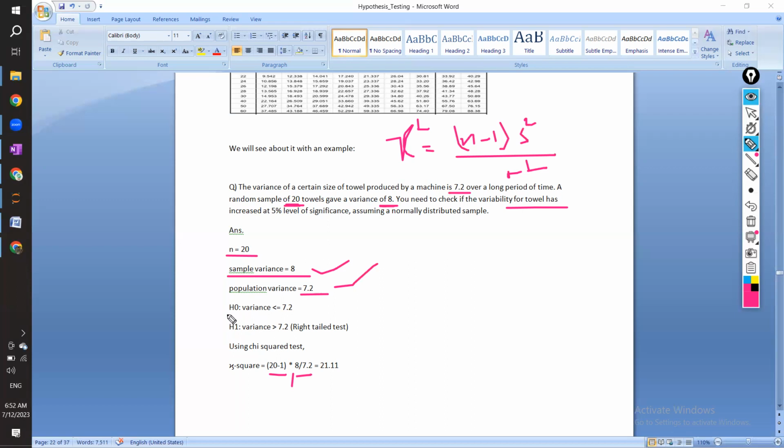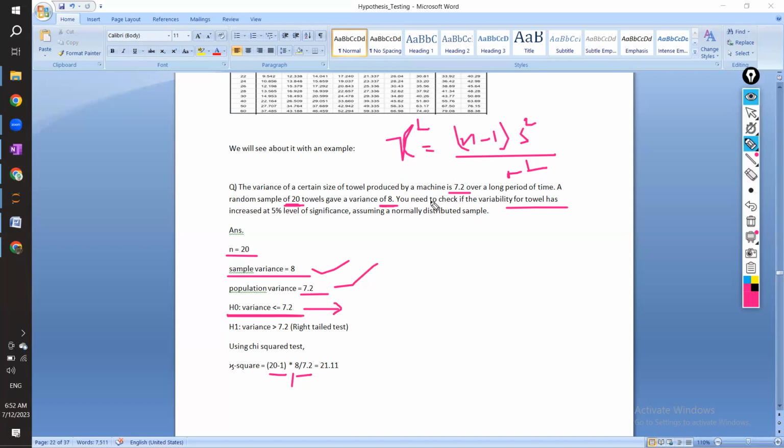So what is the null hypothesis? The null hypothesis says the variance will be less than or equal to 7.2. Why? Because we want to test whether whatever he's saying is correct or not. So the null hypothesis is that the variance is equal to 7.2, which means it is not increased.